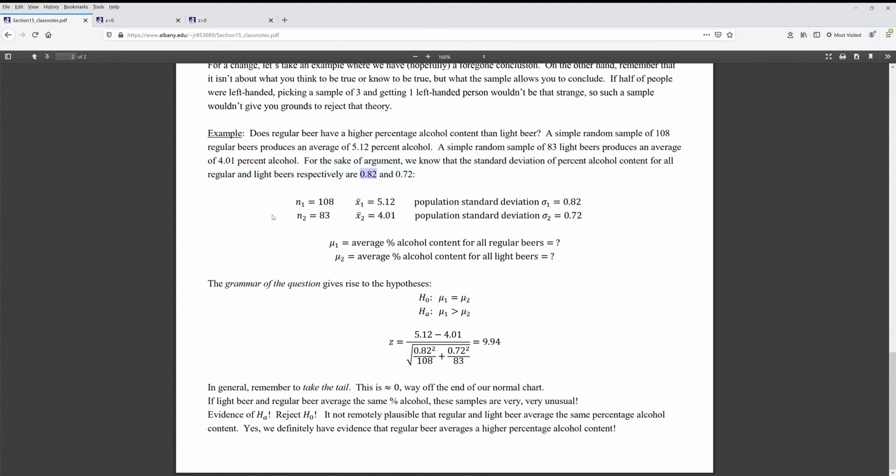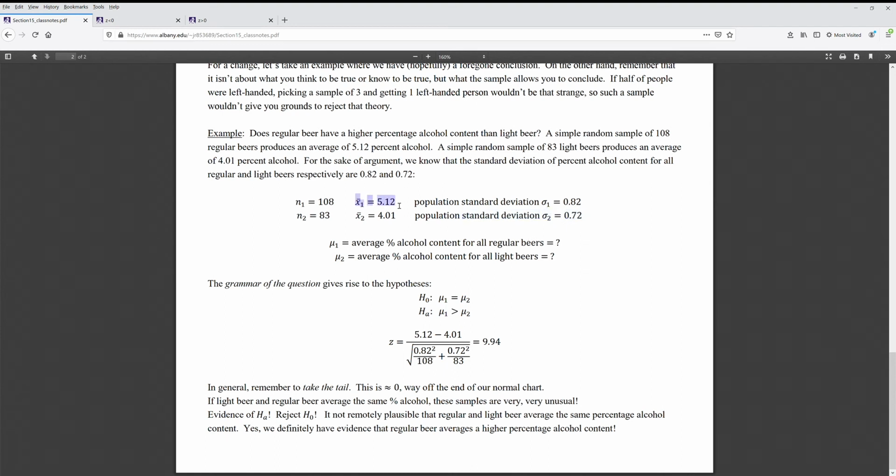So our mu1, the percent average alcohol content for all regular beers, is unknown, but the standard deviation of alcohol content for all regular beers is known at 0.82 percent alcohol. Likewise, we don't know the percent average alcohol content for all light beers, but we're taking for granted that all light beers vary 0.72% alcohol.